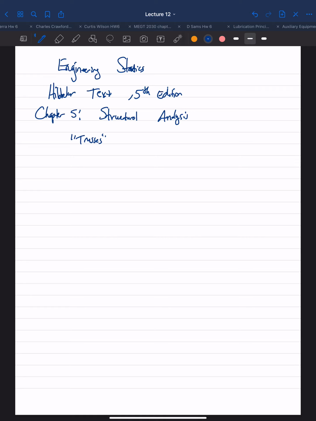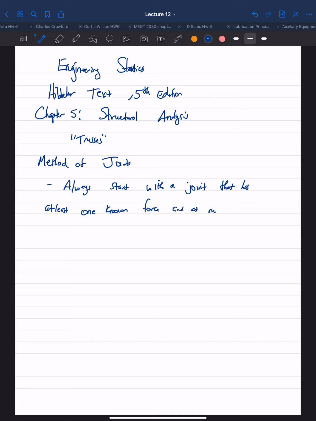So we started off working through using the method of joints. One of our key rules is always start with a joint that has at least one known force and at most two unknown forces.